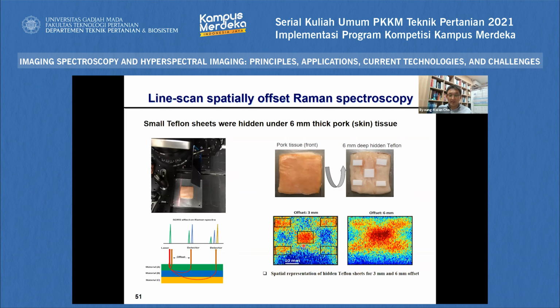With an increased offset, we get stronger information about the Teflon, but the resolution is lower than before. So for the hidden material signal, the resolution has to be compromised. Okay, that is an example of offset Raman imaging.